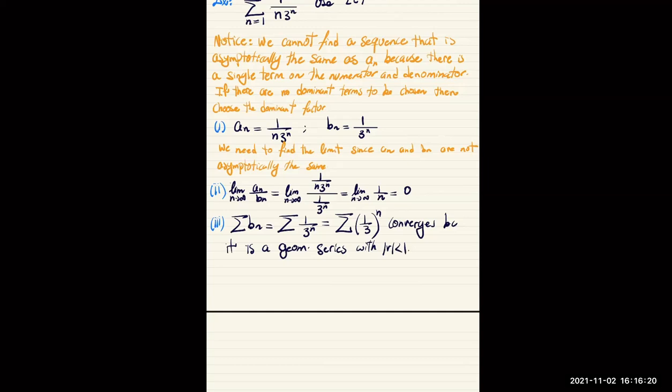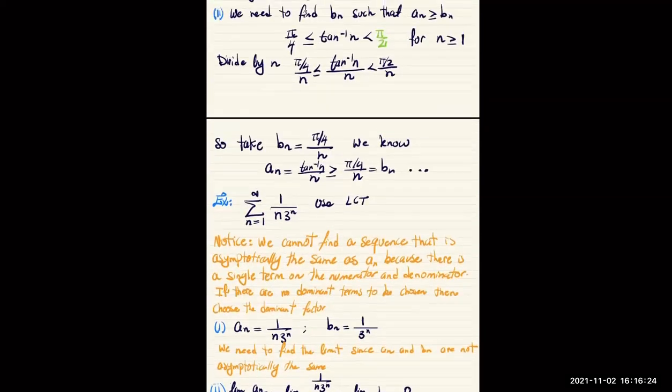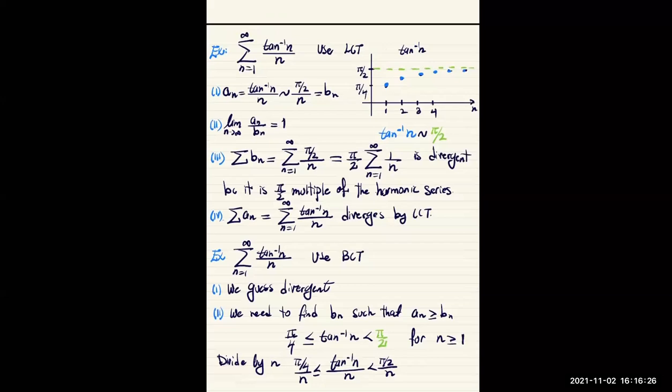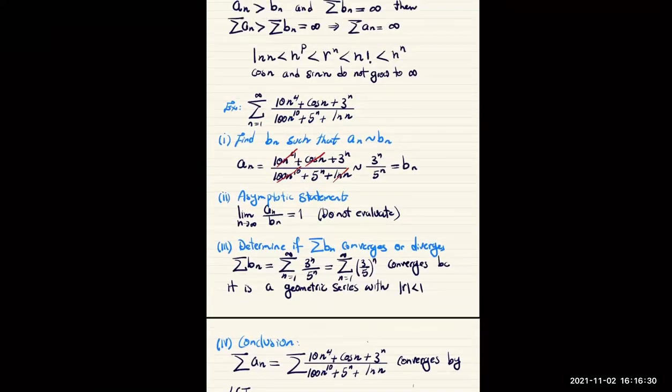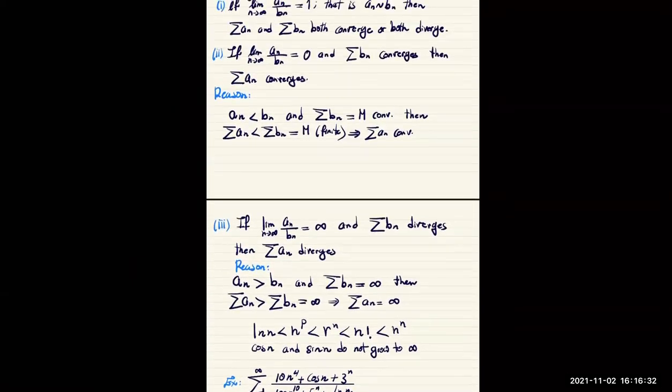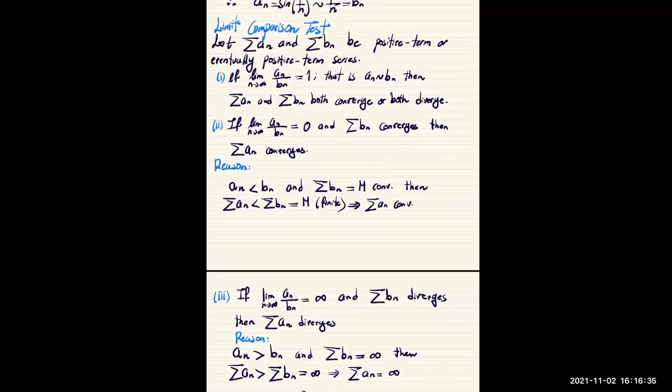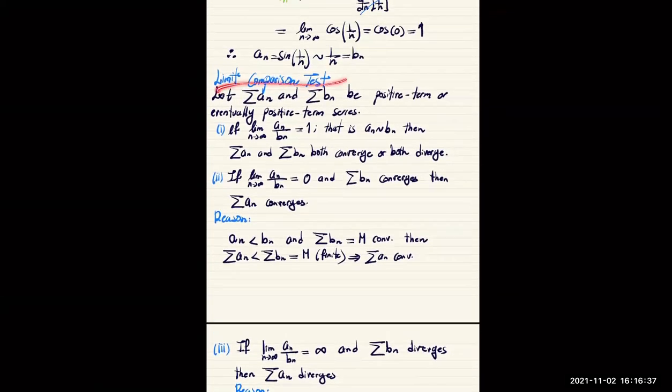And then look at what the limit comparison test tells you. If I go back to the statements, we are looking at the second scenario, the second statement of limit comparison. It says if the limit of the ratio is 0 and the summation of B sub n converges, then the summation of A sub n must also converge.